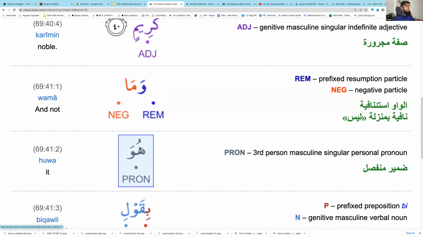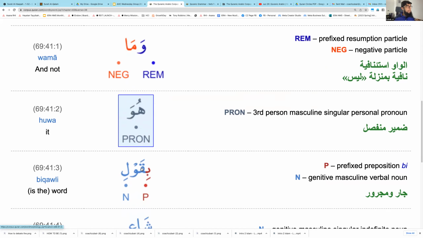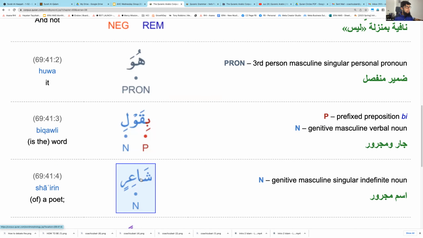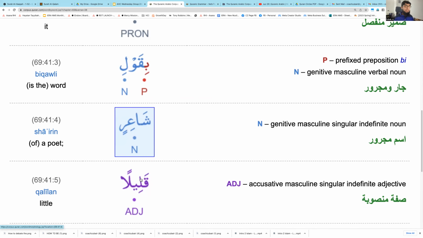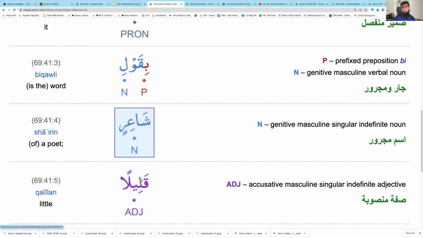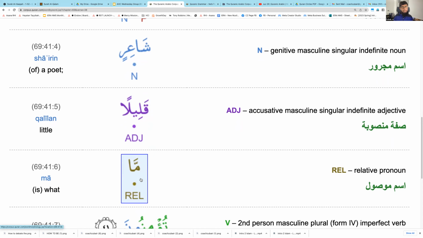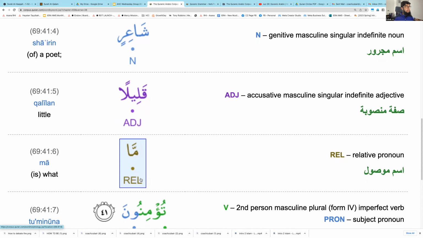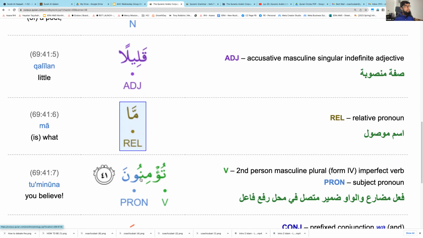Okay, wama huwa biqawli, b is the with, qawl, the statement, sha'ir, a poet. Qalilan, little. Okay, I'm saying Arabic and English both. I don't like that. You guys are making me work more. Ma is what here? Tu'minun, you believe.